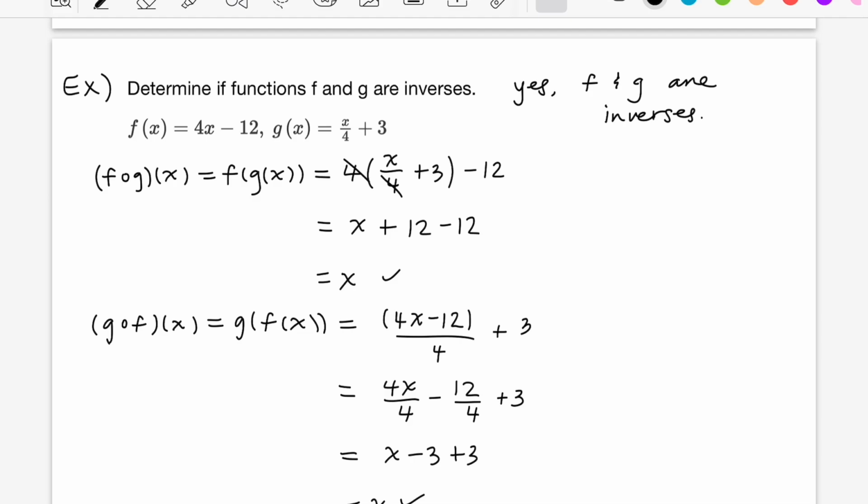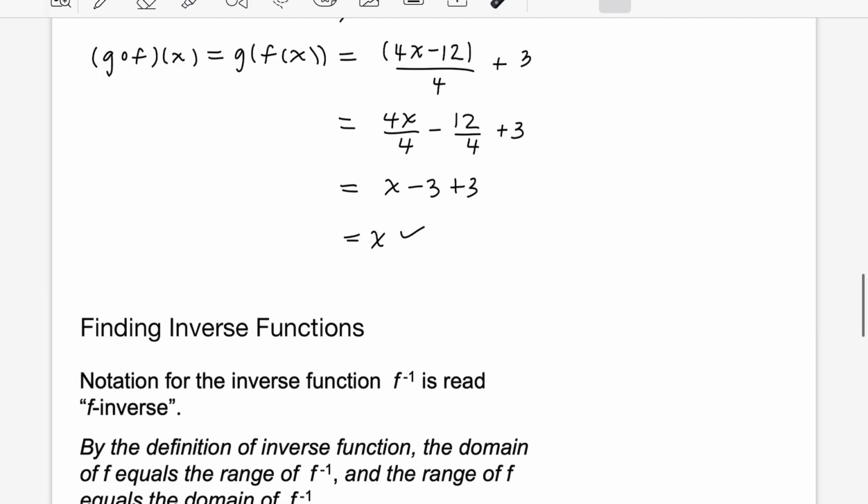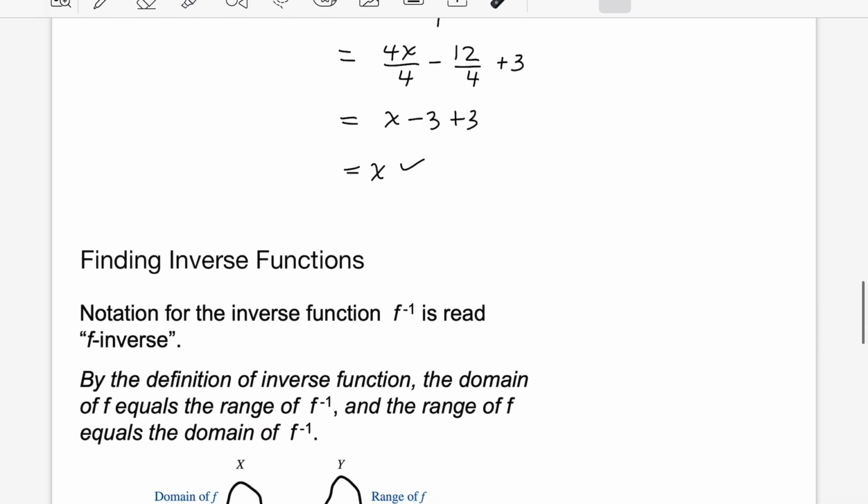Alright, so now we want to find some inverse functions. So we're going to introduce some notation here. The notation for the inverse function is read as f inverse. So it's not f to the negative 1 power, it's the inverse of f, or f inverse. By the definition of inverse function, the domain of f is equal to the range of f inverse, and the range of f is equal to the domain of f inverse.